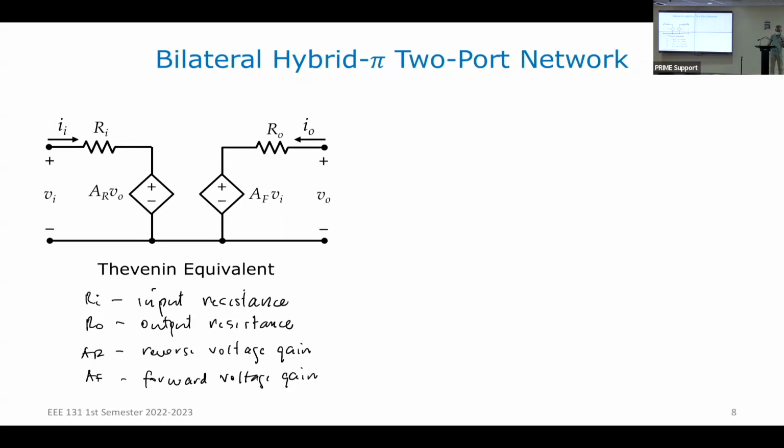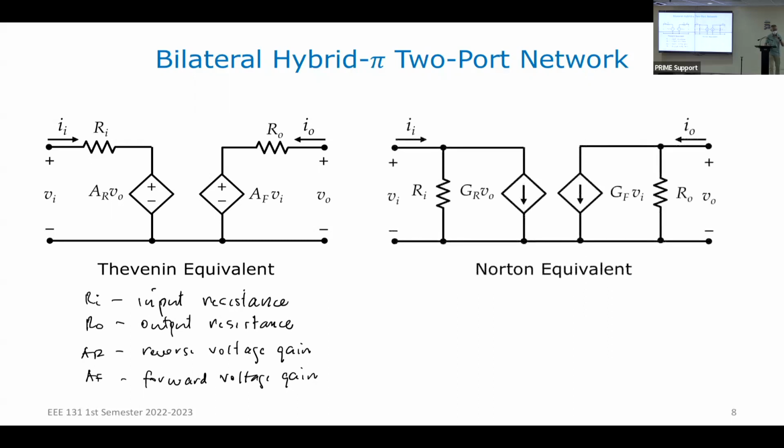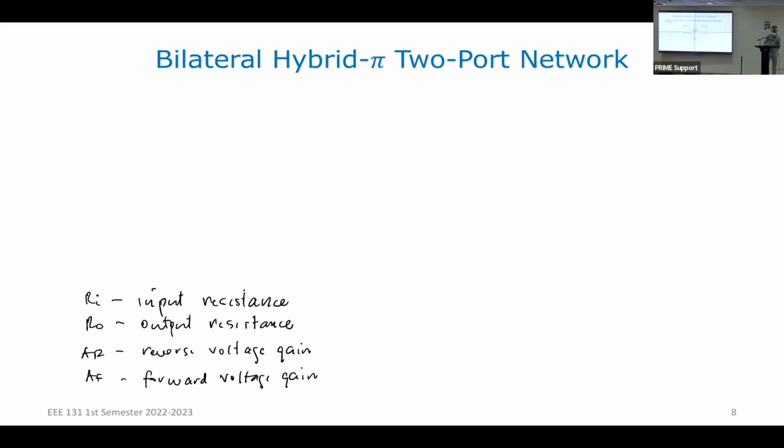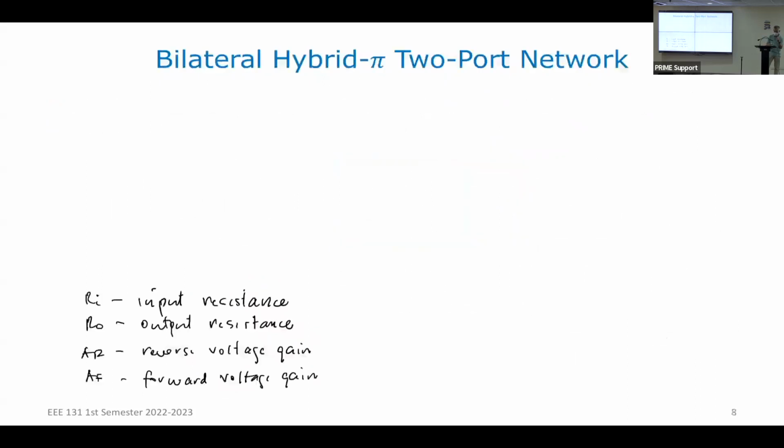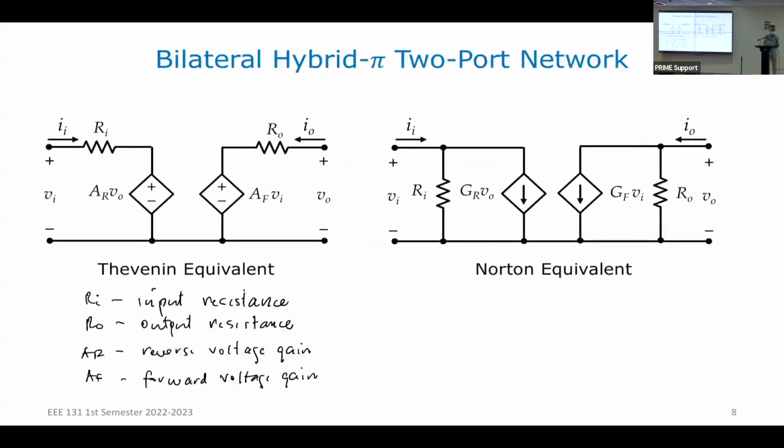Okay, kung may Thevenin equivalent, meron ding Norton equivalent. So ang gagawin naman natin dito sa Norton equivalent, again going back to this, ito naman yung i-convert natin to a current source. This is what we convert to a current source, and so that will come out looking like this. Pareho yung definition ng Ri at saka Ro.